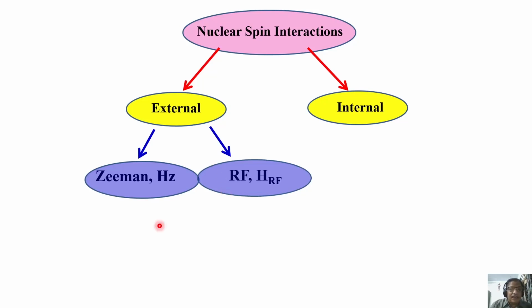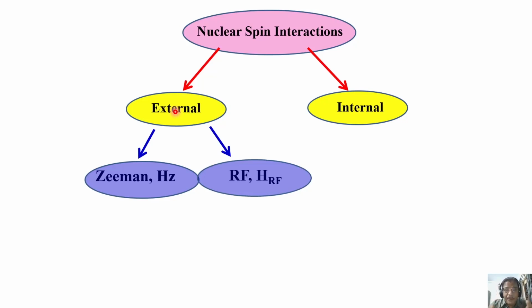So these two external interactions, that is Zeeman interaction and interaction of the radio frequency with the nuclear spins, we discussed in a couple of previous classes. In addition to this, there are other types of interactions which are internal.